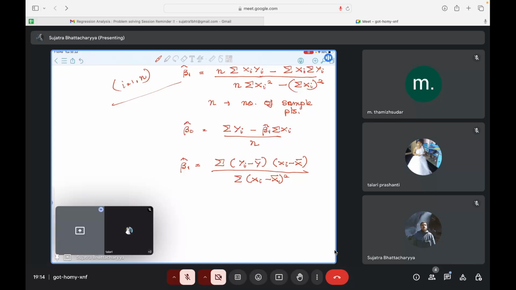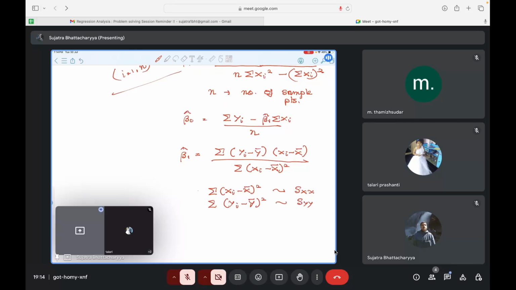This summation xi minus x bar whole square is generally written as Sxx. Similarly, summation yi minus y bar whole square is written as Syy. People generally use these.